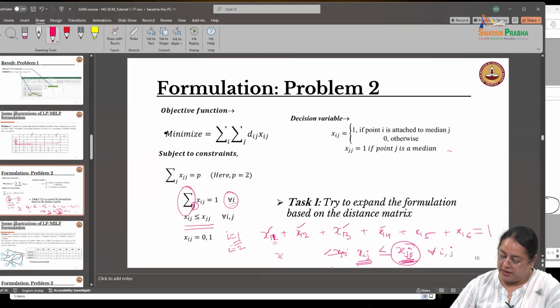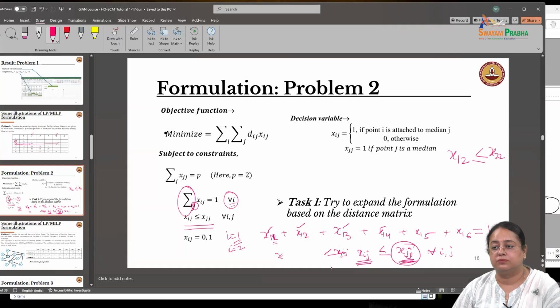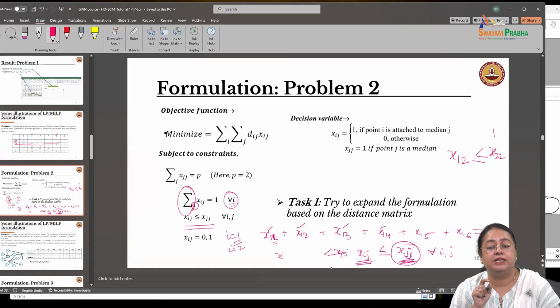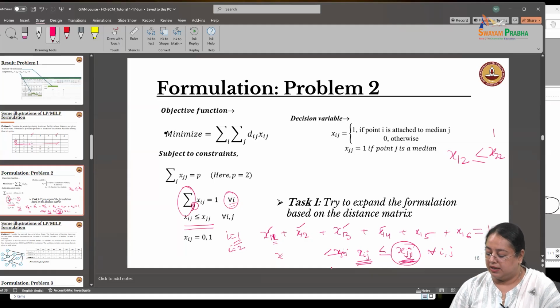So how come X12 has to be less than or equal to X22? If X22 is 1, that means if our second node is selected as a potential healthcare node, this has to be either 1 or 0.